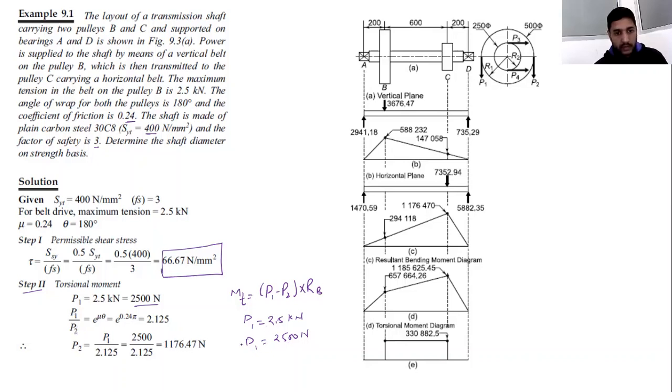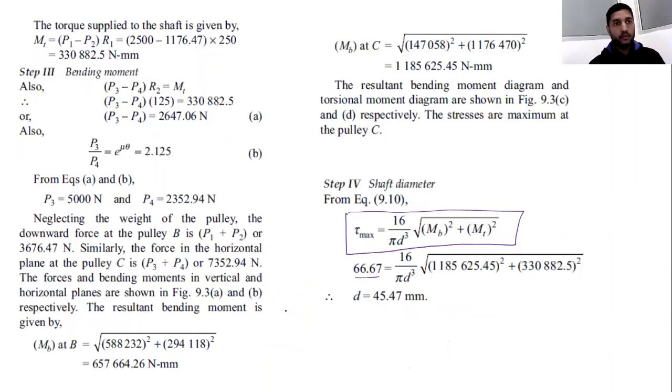We already have P1, so from here we get P2. If we have P2, we can find P1 from this formula. In this way you will get both the values, P1 and P2. Then this is multiplied into R, that is the radius of the bigger pulley.